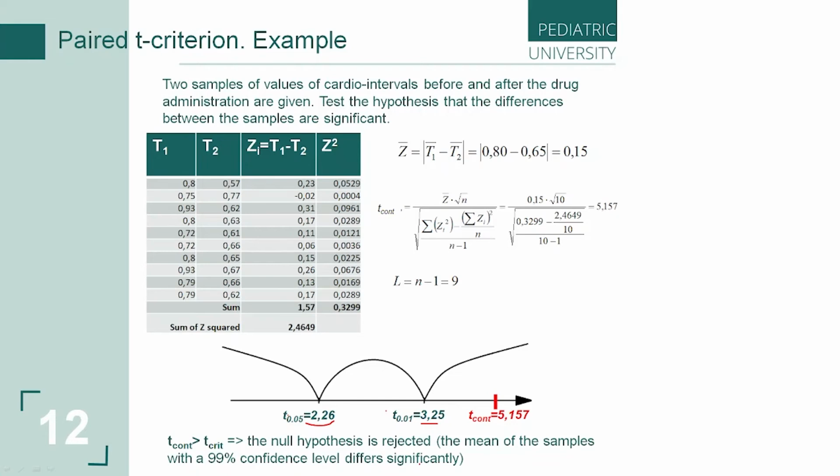That is, the new random variable z, the value difference, is statistically significantly different from 0. It differs from 0, and differs significantly, we can say.